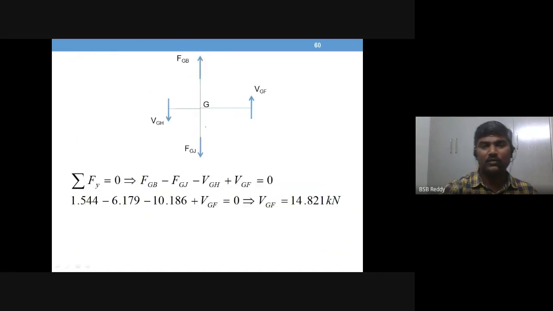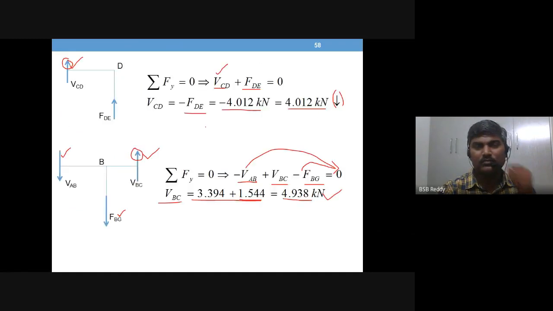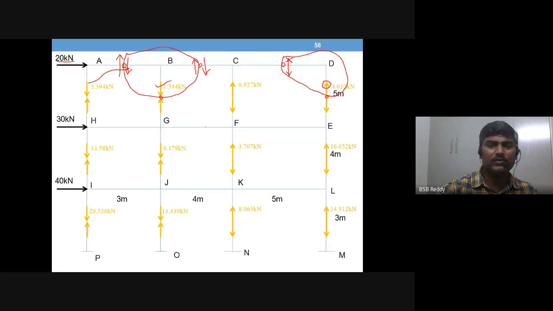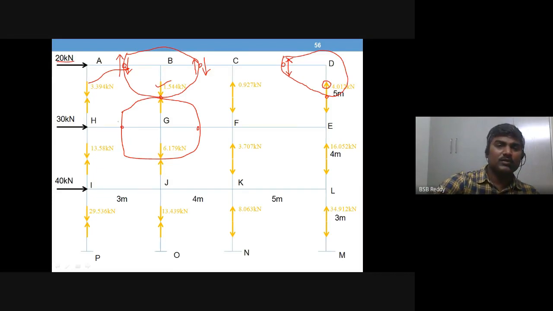So this downward arrow will be there here, and here the direction.